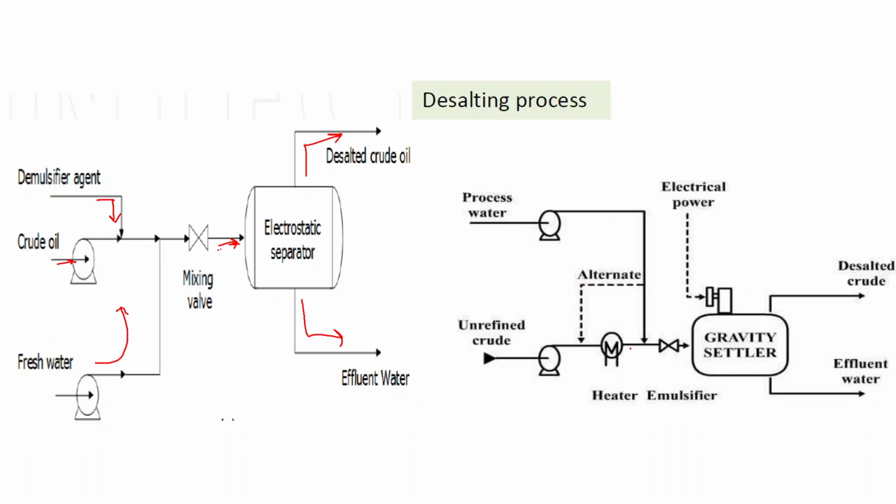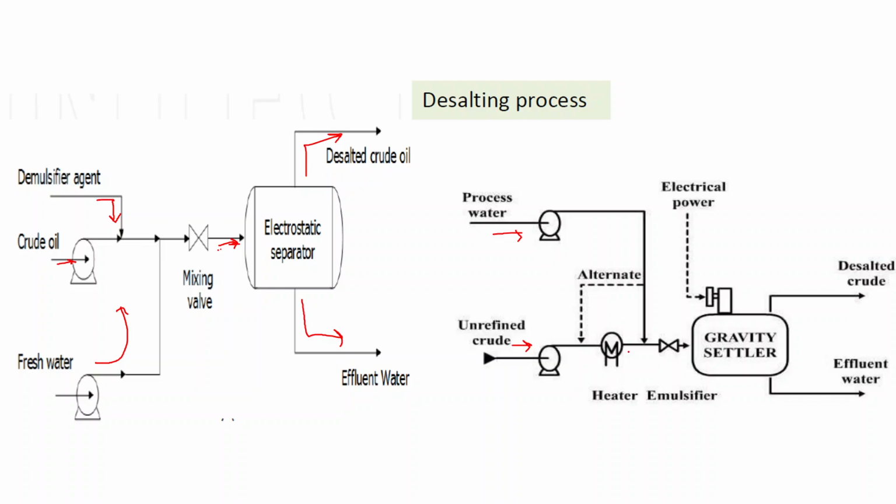But here, in the second one, process water is taken here, and unrefined crude is taken here, and the crude is heated. Sometimes what happens is all the salts are not dissolved in the water. So we provide some amount of heat for the dissolution of these salts in water.